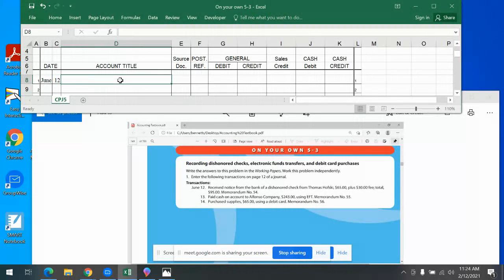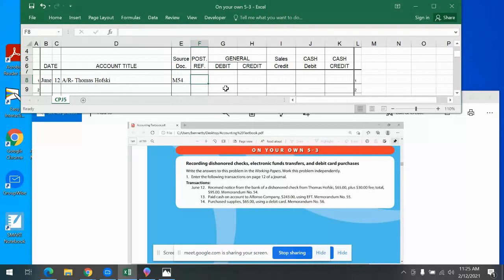So my account title, do you think it's going to be accounts payable or accounts receivable, Thomas Hofsky? Accounts receivable, Thomas Hofsky. Ivan Baez, is there a source document? Ivan Baez, you still with me? M54 from Memorandum 54 is correct.